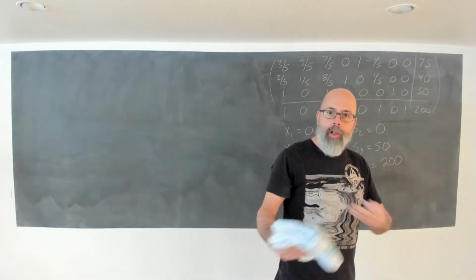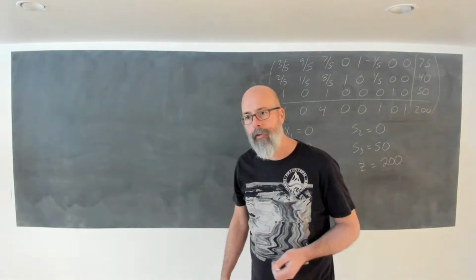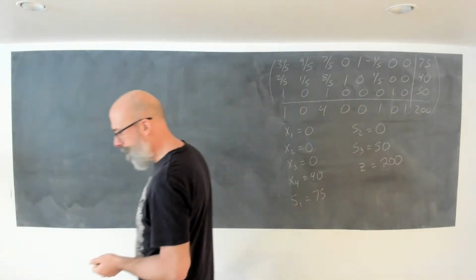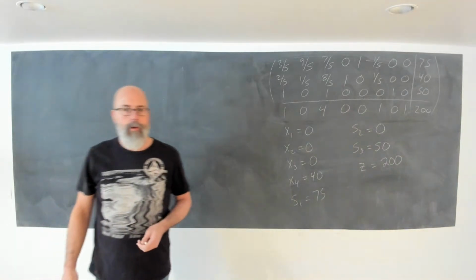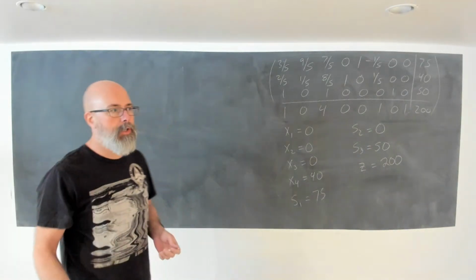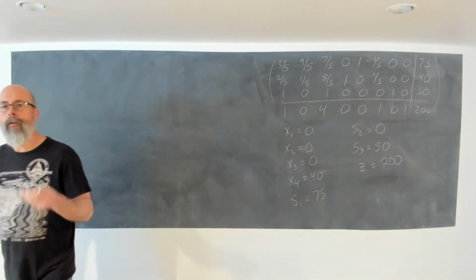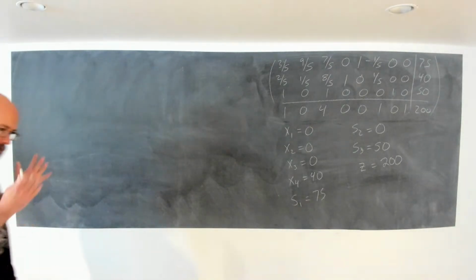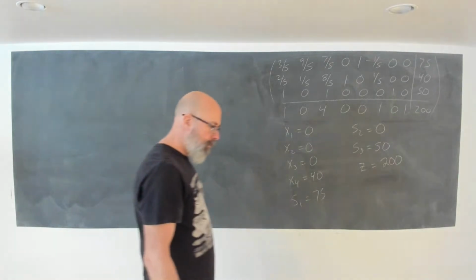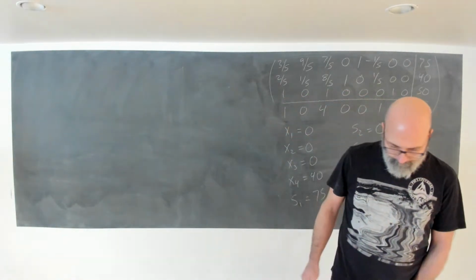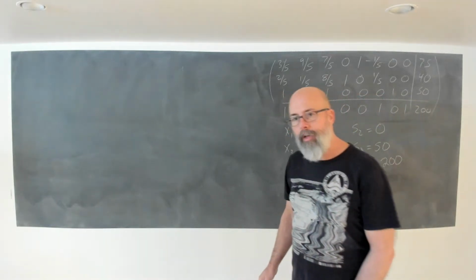What if the inequalities are going the wrong way? I mean, we've seen that occur in the graphical method, and that was not an issue for us there because we could just graph and everything's fine. But here, we just have the standard maximum problem that we can solve using this.